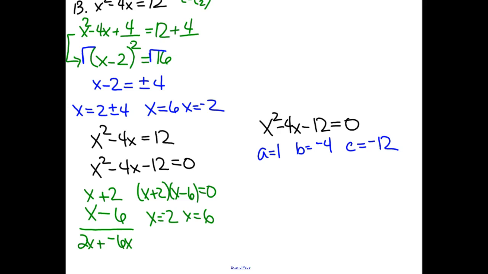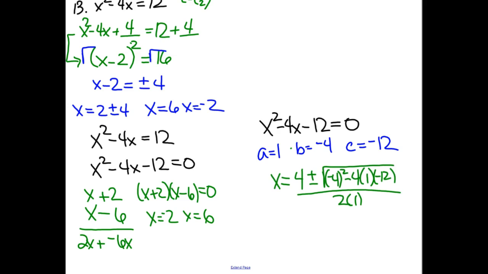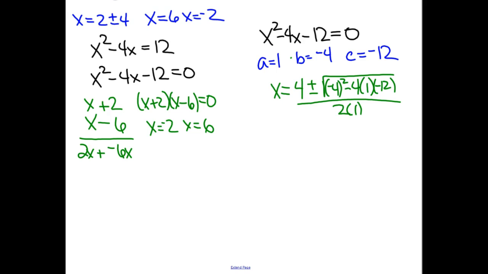Do you remember the quadratic formula? x equals the opposite of b. Well, our b is negative 4, so we're going to get positive 4, plus or minus the square root of b squared minus 4ac, all over 2a. So remember last night's homework, we made sure it equaled 0. We figured out what a, b, and c were, and we plugged everybody in.